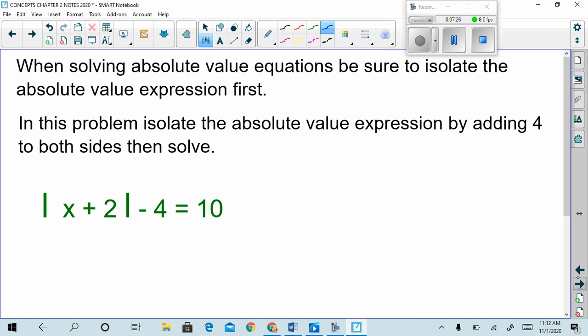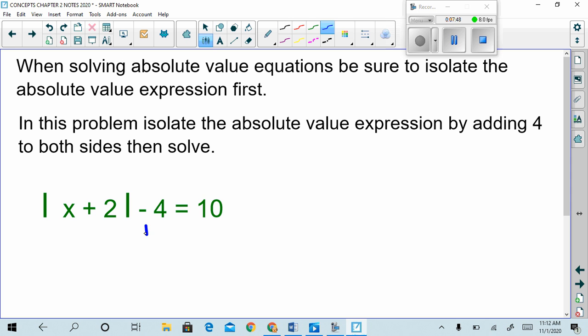One last thing I want to go over today is what happens when there is an operation outside of the absolute value symbol. We need to isolate that first. So anytime we see an absolute value equation and there's an addition, subtraction, multiplication, or division outside the symbol, we need to clear that first.